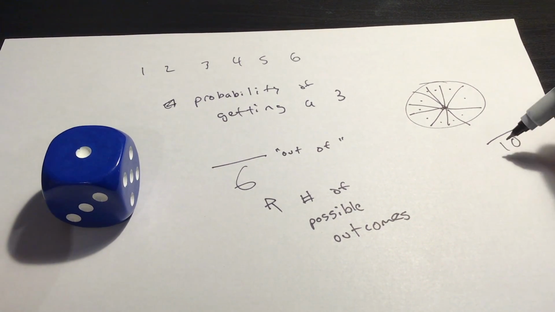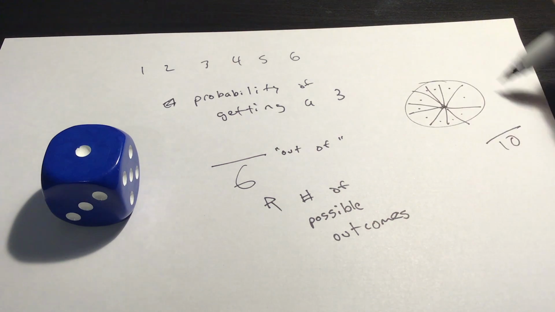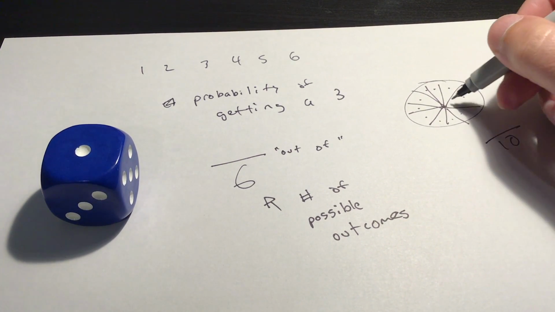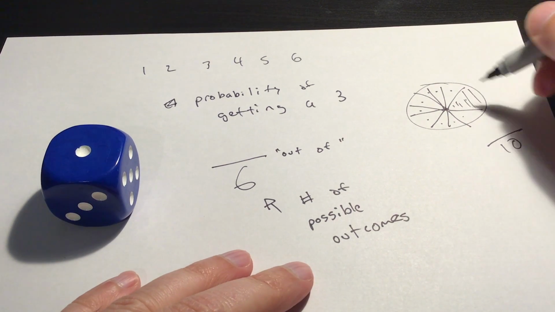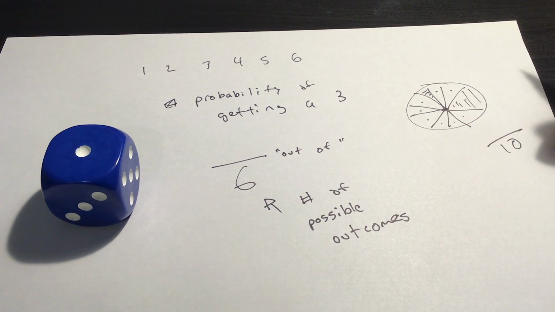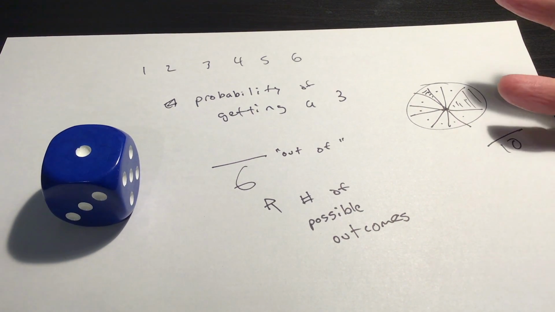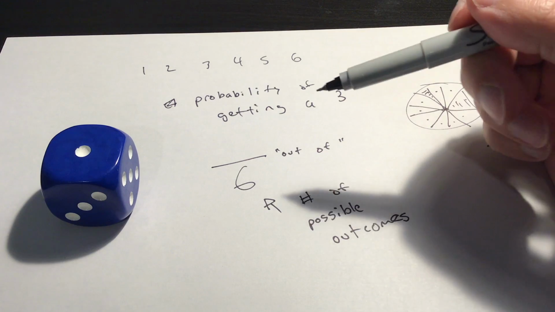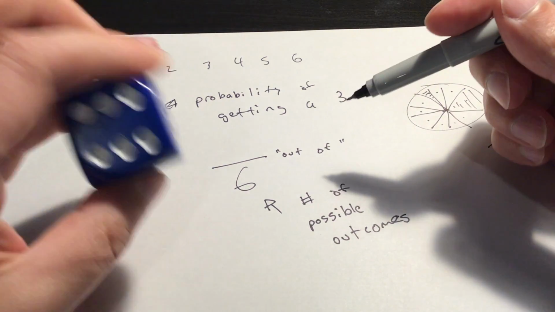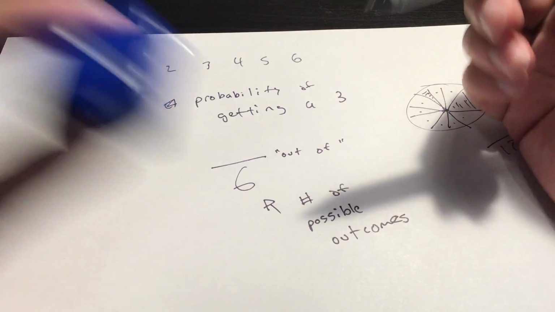I mean, that's not really accurate. There are 10 things that could happen. That's true. But this one is a lot more likely to happen than this one. Okay, so you have to consider that when you're doing these probability things as well. But in grade 4 and 5, we're going to use fair things. So it's a fair dice. There are 6 equal possible outcomes, we could say.